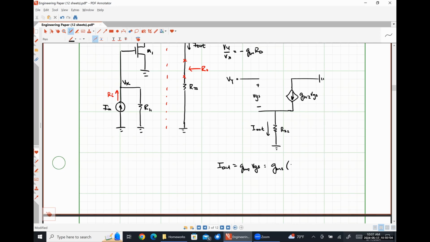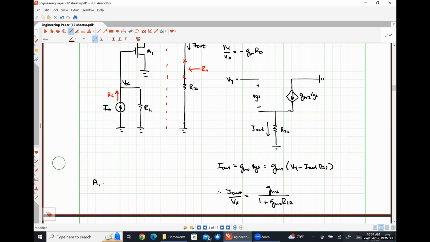Exactly right. So if we move some things around and rearrange, what we'll find is that I out over Vy is GM2 over 1 plus GM2 R22.